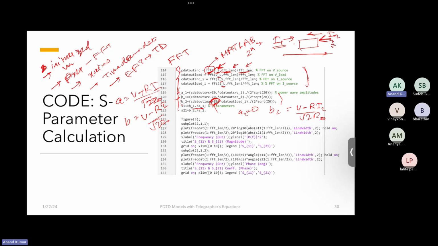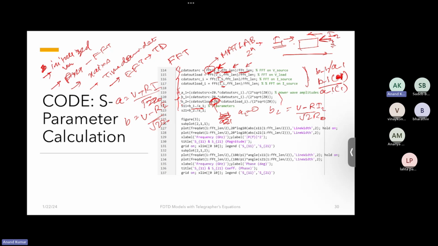So B underscore 1 divided by dot slash A underscore 1 implies that, since MATLAB starts from index one, this entry is divided by this one.